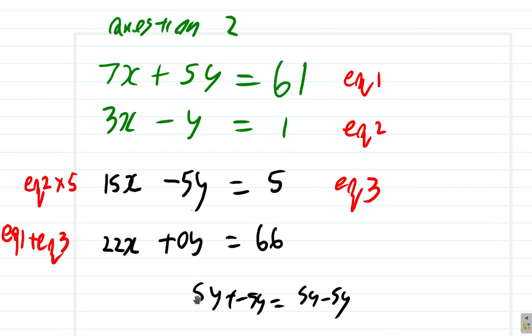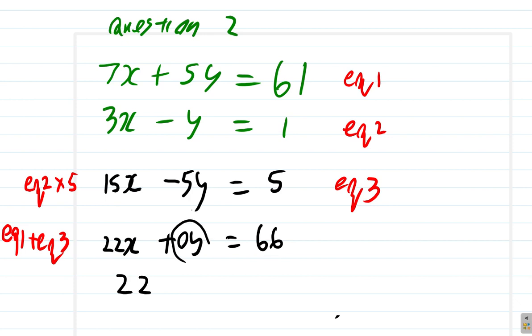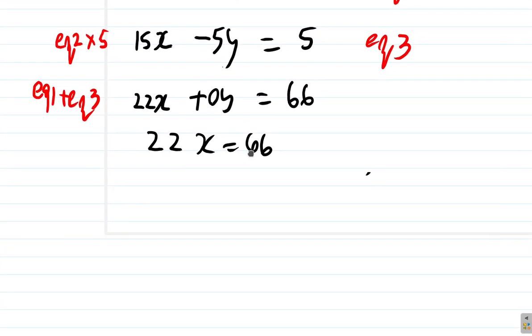So here now, what we have is 22x plus 0y is 66. But we could just ignore the y part because it's 0. So 22x equals 66. Which number do you multiply by 22 to get 66?